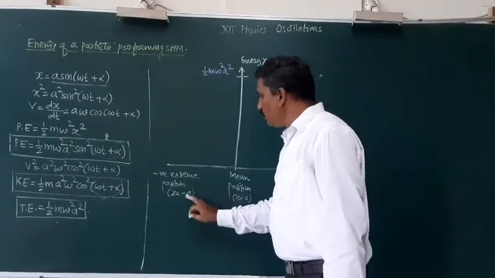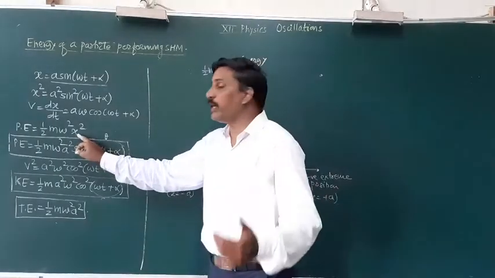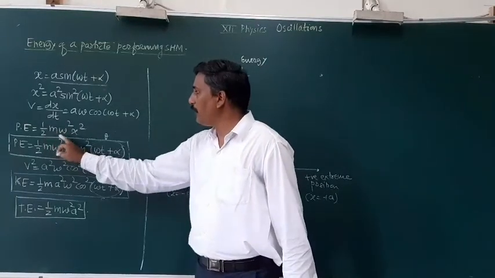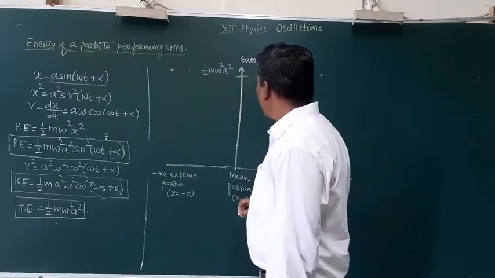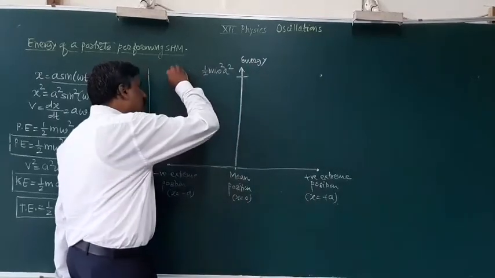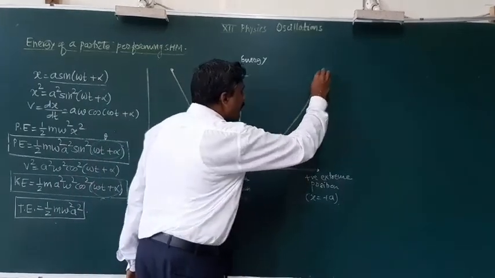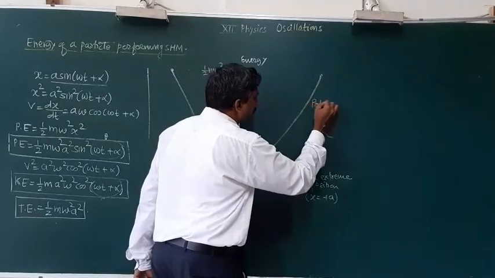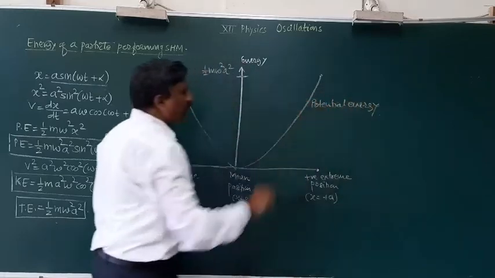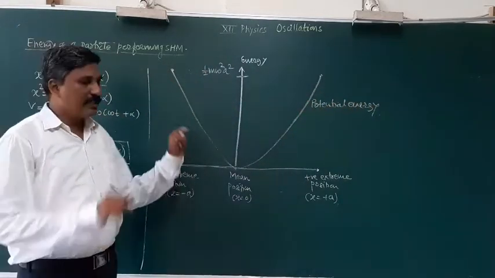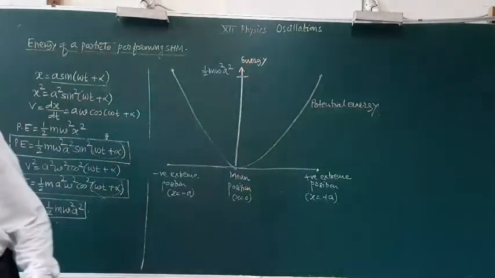At negative extreme position, x equals minus a. Square of minus a is again a square, so potential energy becomes half of m omega square a square. Therefore, the potential energy graph will look like this. This is my potential energy. This potential energy is minimum at mean position, maximum at the extreme position.